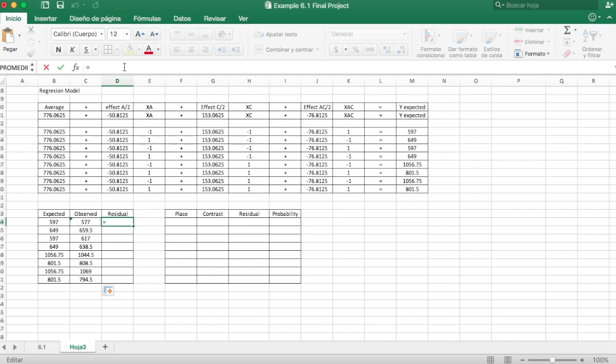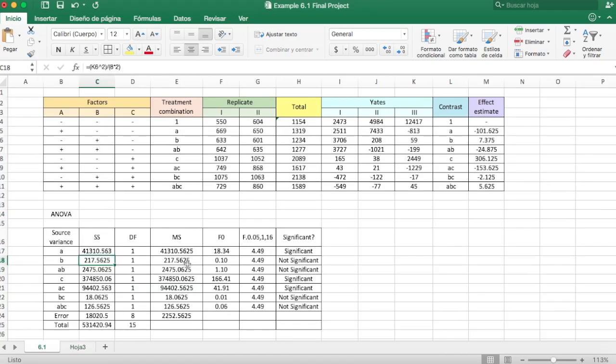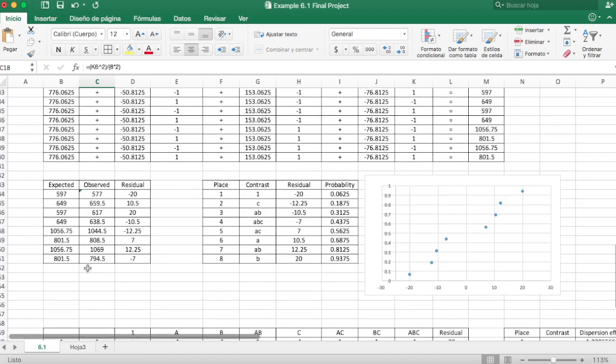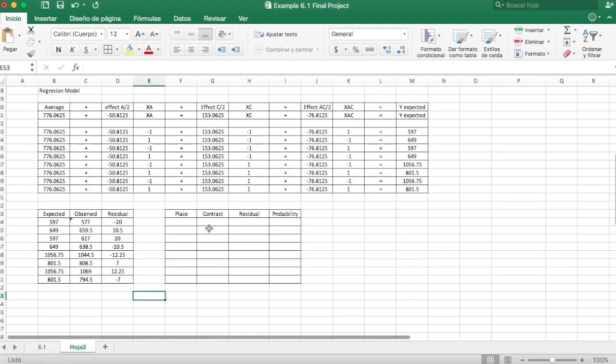And then to find the residual, we are going to subtract the observed minus the expected. And here we have our residual table.